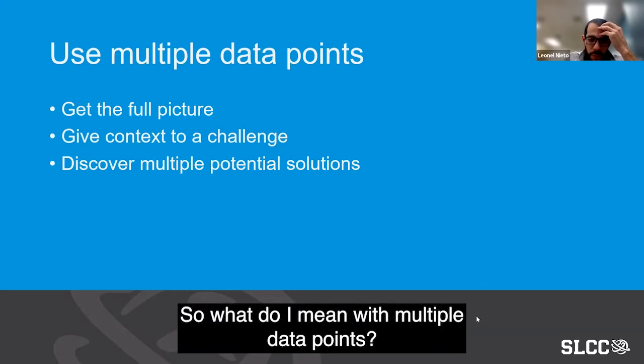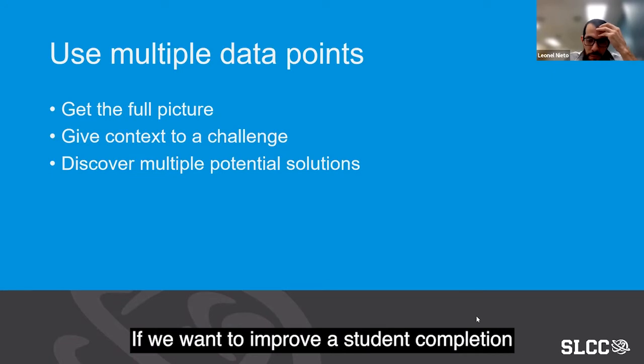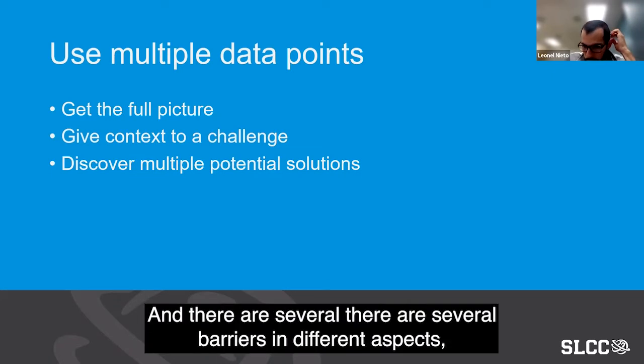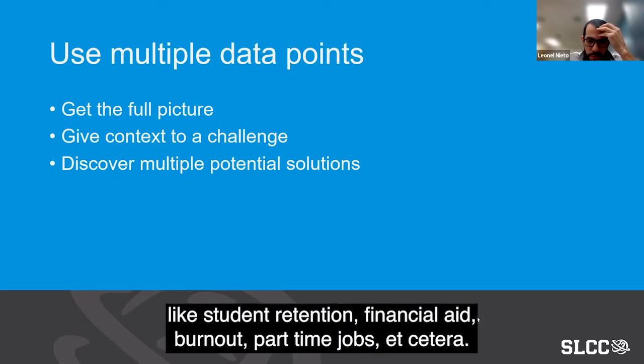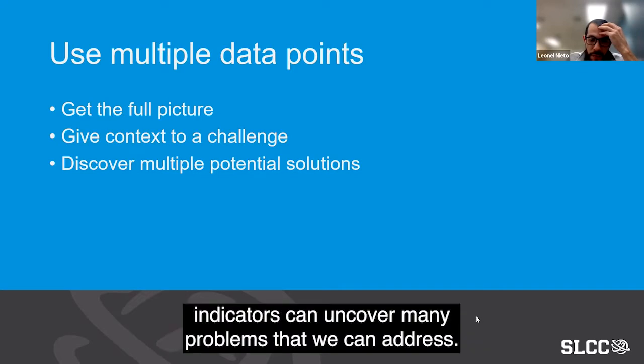So what do I mean by multiple data points? Let's go back to this idea of barriers. If we want to improve student completion rates, we have to look at the barriers that students have. There are several barriers in different aspects, like student retention, financial aid, burnout, part-time jobs, etc. Just looking at some of these single indicators can uncover many problems that we can address.